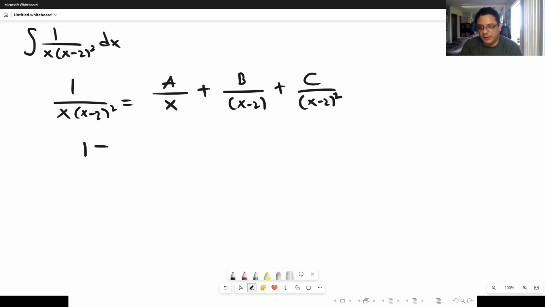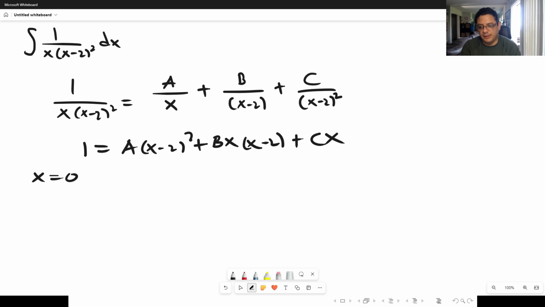I continue, well, then 1 is a times (x minus 2) squared plus b times x times (x minus 2) plus c times x. And so I can give values now to find the constants. If x equals 0, this goes away, and then I get 1 equals 4a. So a is equal to 1 over 4.